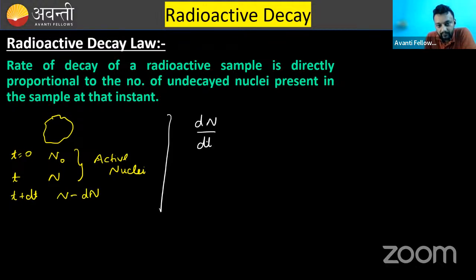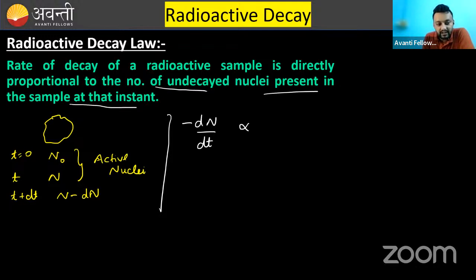dN over dt, this is the rate of disintegration, or you can say minus dN over dt. Why minus dN over dt? Because the minus is placed to show decay. If they were increasing, then it would be positive dN over dt. This is directly proportional to the number of undecayed nuclei at that instant.